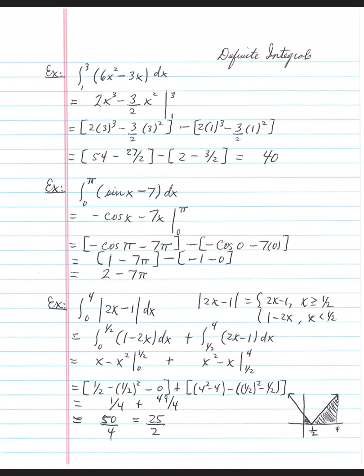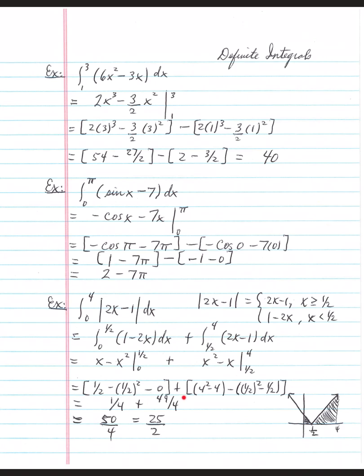In the back half, 4 squared minus 4 minus 1/2 squared minus 1/2. 1/2 minus 1/4 is 1/4. 12 minus negative 1/4, because that's a fourth minus a half. 12 minus negative 1/4 is 12 plus 1/4.